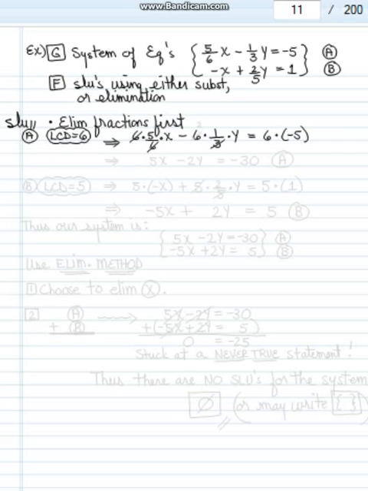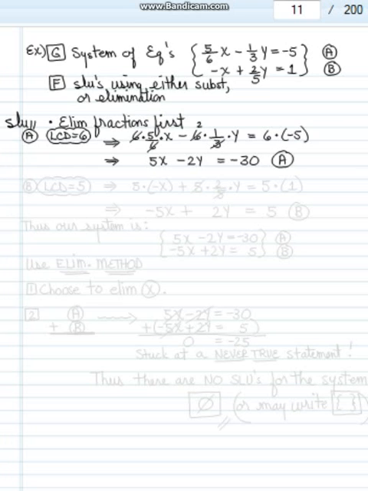We cancel a 3 in the second term, leaving a 2 in the numerator. That gives us our new version of equation A: 5x minus 2y equals, positive times negative is a negative, 6 times 5 is 30. This is my new equation A.